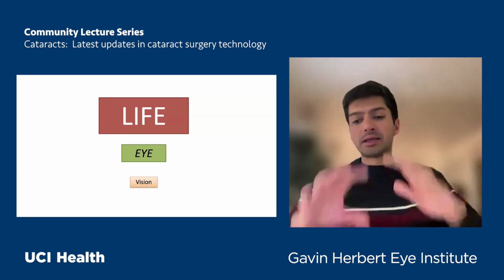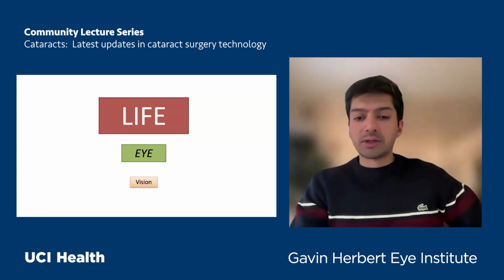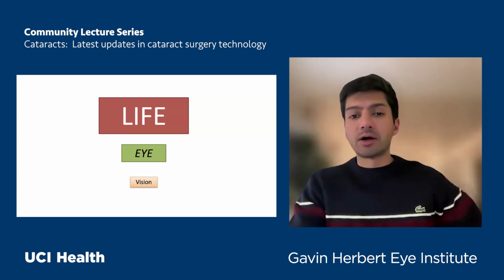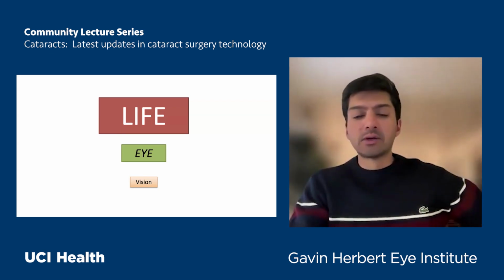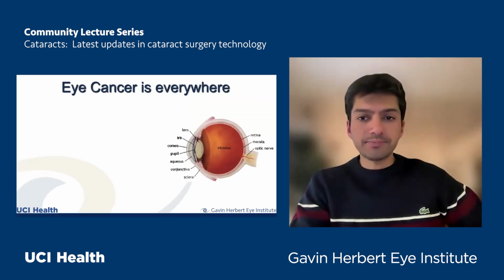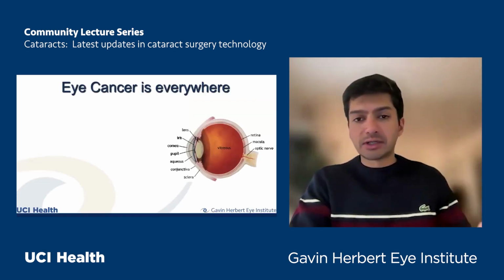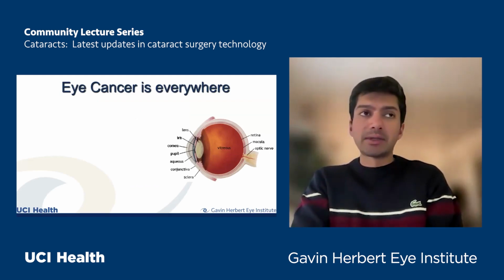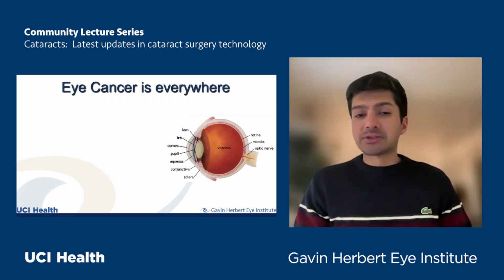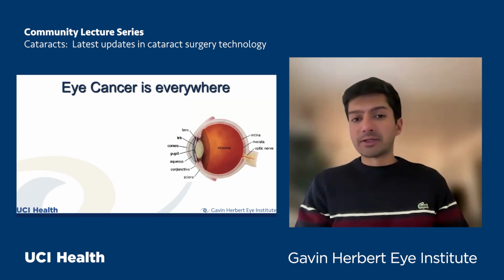And this is sort of a big picture approach, but any sort of oncology field takes this into account, where you think of life in general over a specific organ. And so, as Dr. Lee has mentioned, there can be growths everywhere in the eye. This is why we have so many subspecialties of the eye itself, because it's such a complex organ.